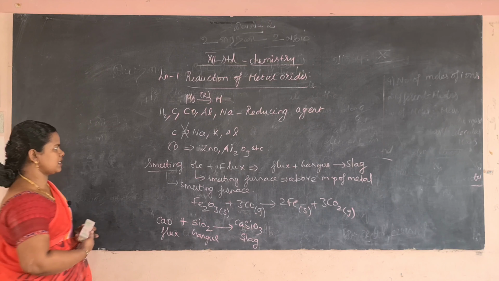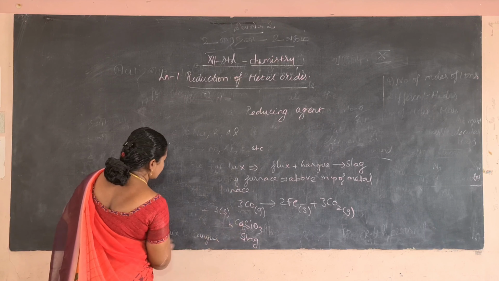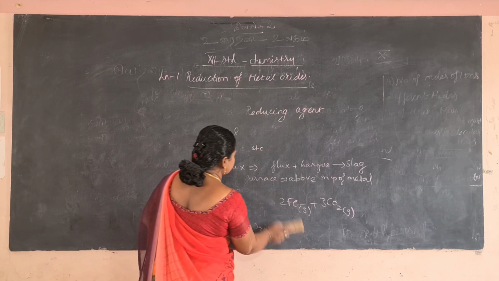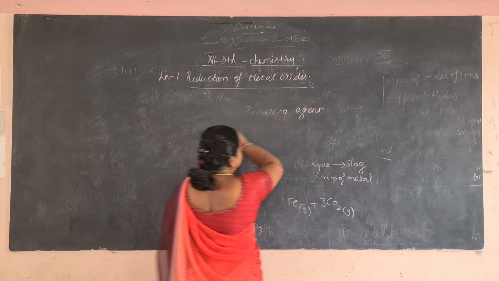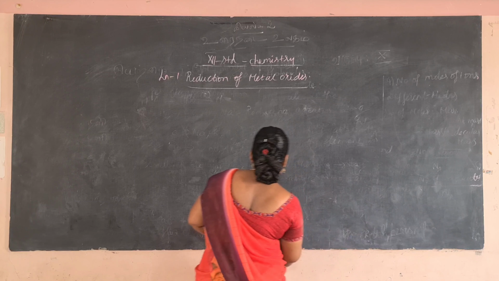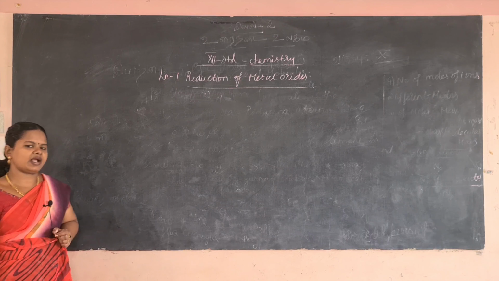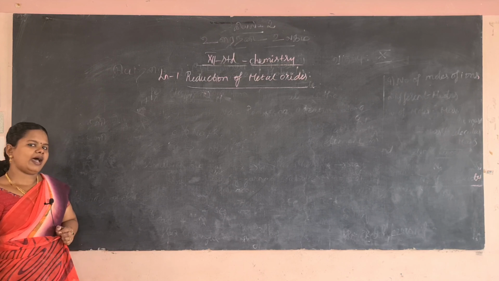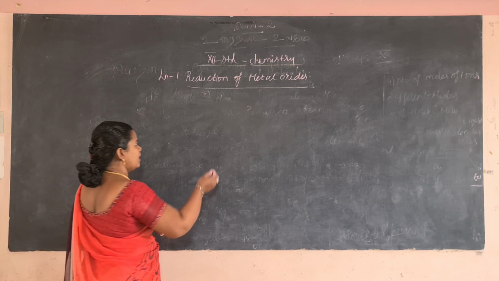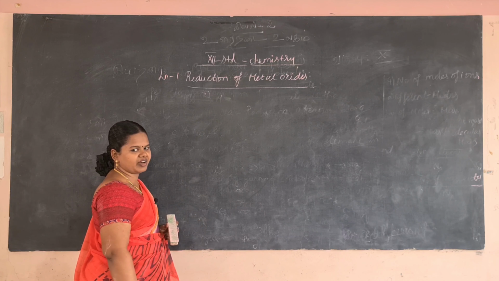Then we'll see another example, the extraction of copper from copper pyrites. The concentrated ore is taken. To that we are adding an acidic flux, silicon dioxide, and then a reducing agent like carbon or carbon monoxide, and then it is heated in the reverberatory furnace.